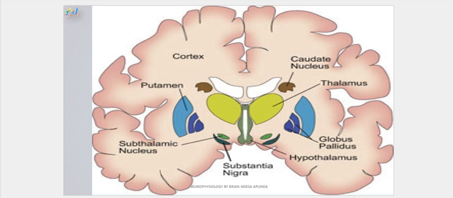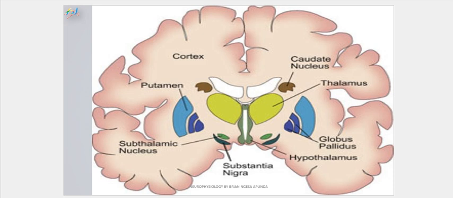So we've said that ordinarily when we want to initiate a movement, the premotor cortex might send the information to the primary. From the primary, the information will descend directly using the corticospinal tract.